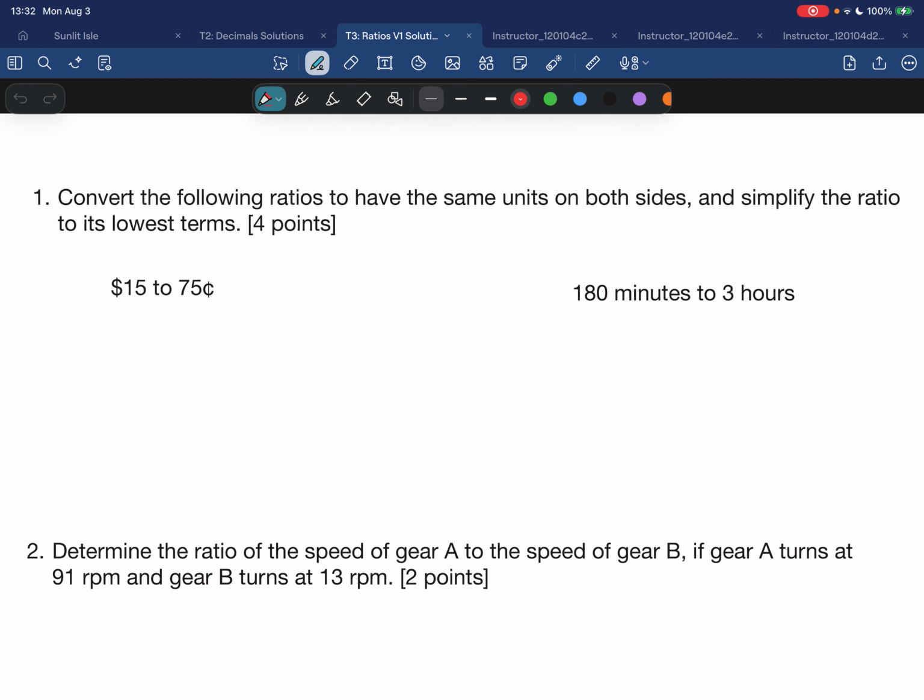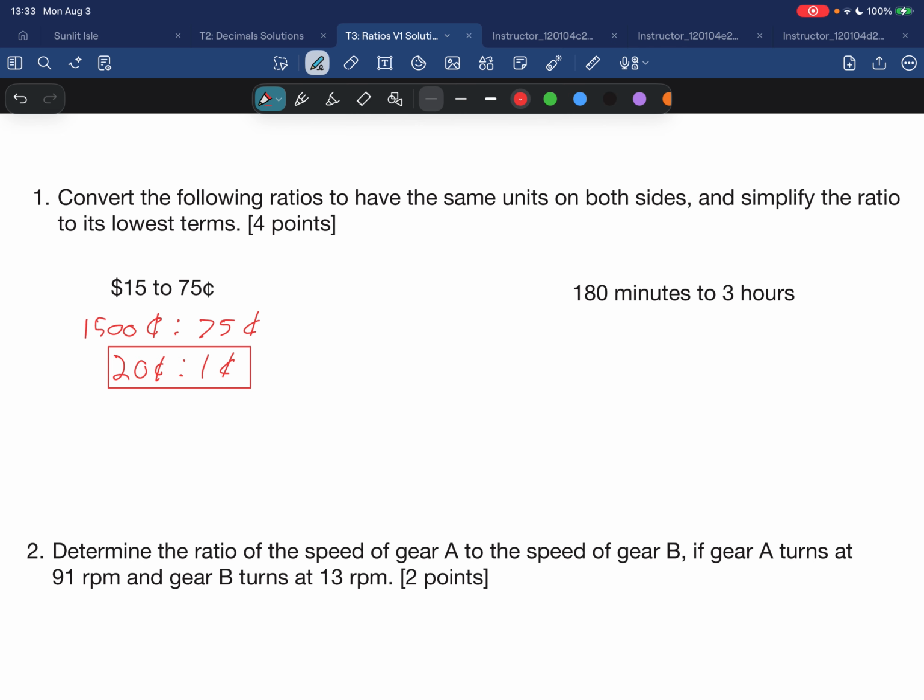So I'm going to convert $15 to 1,500 cents to 75 cents. And if I divide both of these by 75, just to see if 1,500 is divisible by 75, then I end up getting 20 cents to 1 cent, which is the answer I'm looking for. Great.